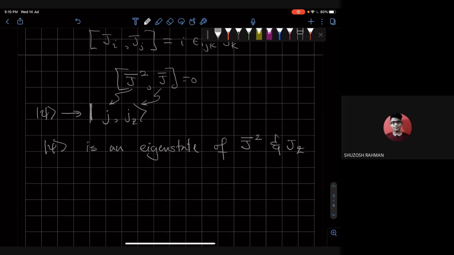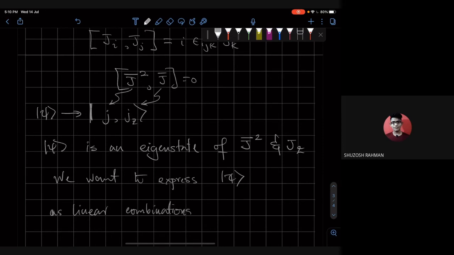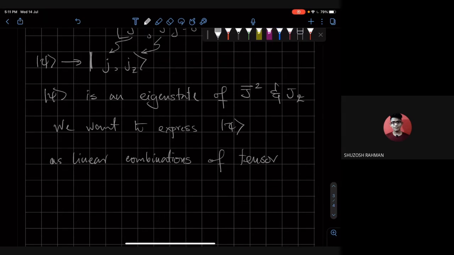And we want to express psi as linear combinations of tensor products of the form J1 M1, J2 M2.